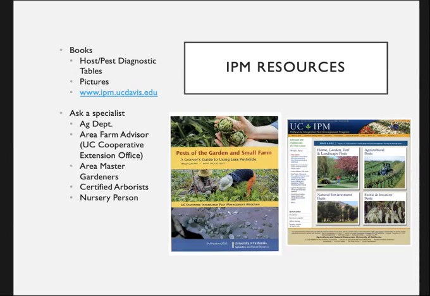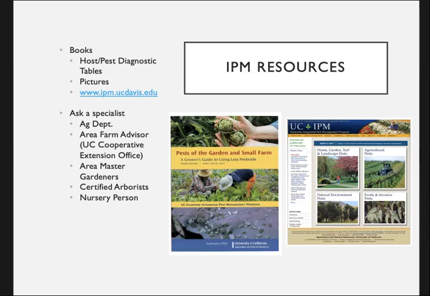And on the UC IPM site, they have tons of diagnostic tools. There are pictures, and they even list out organically acceptable methods that align with IPM. They even have a really good series of textbooks out there if you're interested in getting hard copies of resources. And the one shown here on the slide is my personal favorite for this sort of application, Pests of the Garden and Small Farm, really nicely geared towards small scale farms, even home gardeners.